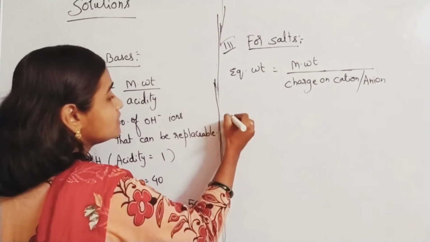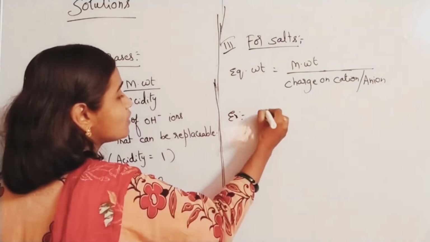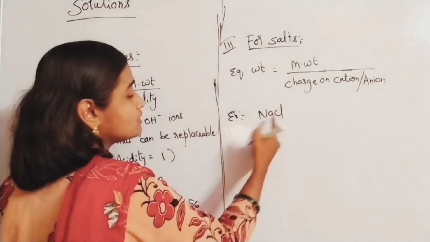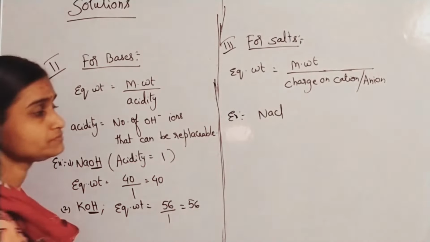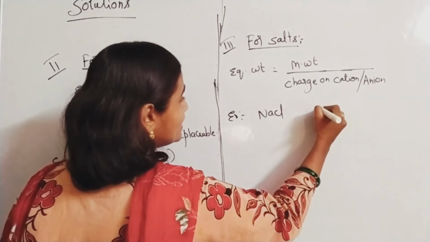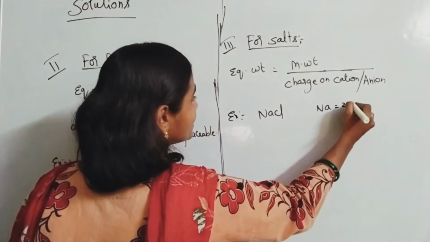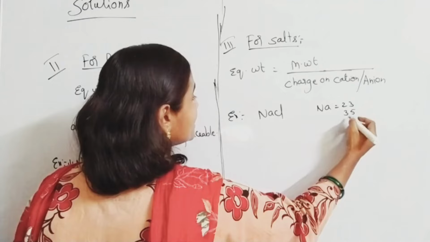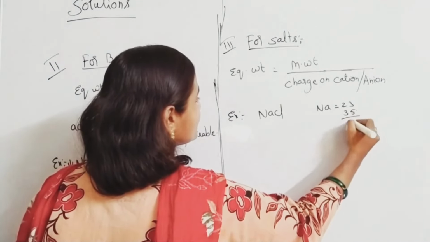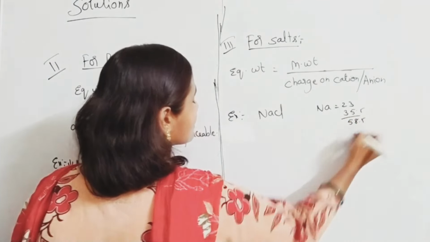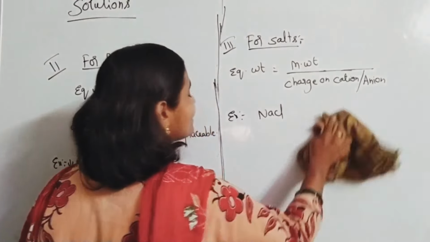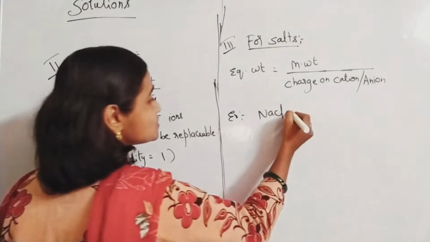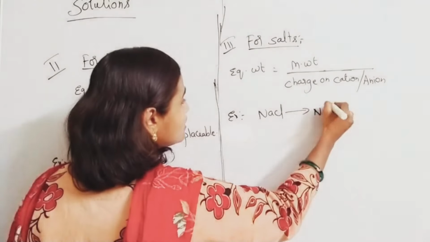ఓకే, సో ఎగ్జాంపుల్ తీసుకోండి, NaCl కామన్ సాల్ట్ ఈజ్ దేర్, 23 + 35.5 ఎంత? 58.5 వస్తుంది చూడండి. సోడియం ఈజ్ 23, మాలిక్యులర్ వెయిట్ 58.5. సో 58.5 డివైడెడ్ బై చార్జ్ ఆన్ క్యాటయాన్ ఆర్ యానయాన్. NaCl ఎలా డిసోసియేట్ అవుతుంది వాటర్లో వేసినప్పుడు?